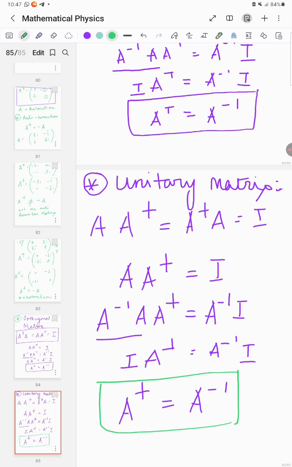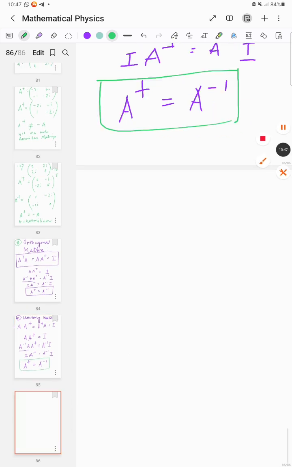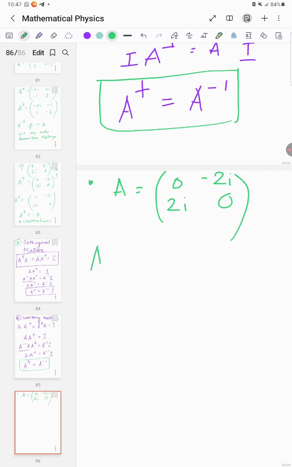Alright, now let us look into an example. Consider a matrix A equal to [0, 2 iota; minus 2 iota, 0]. Alright. So what will be A dagger?